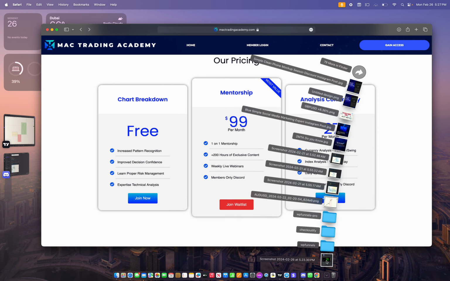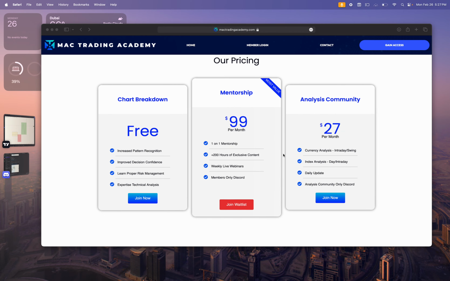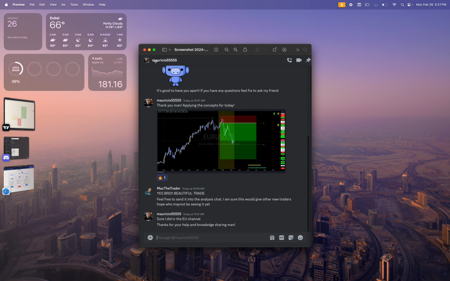Shout out to Mauricio. I hope I'm pronouncing that correctly. He DM'd me this morning. He was able to catch this trade here simply by applying the concepts that we teach within the free Discord.